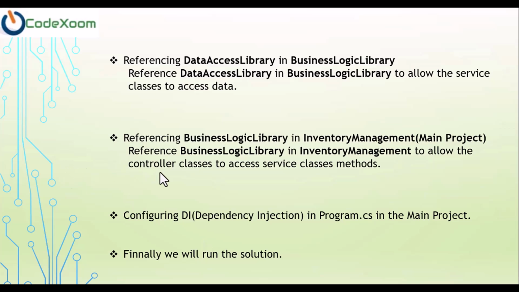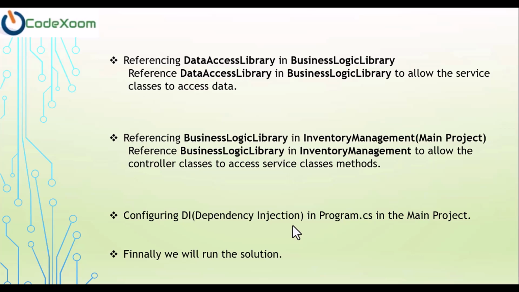Then we will reference Business Logic Library in Inventory Management, or the main project. Referencing this Business Logic Library in Inventory Management allows the controller classes to access service class methods in Business Logic Library. And before running the solution, we will have to configure dependency injection in program.cs in the main project.